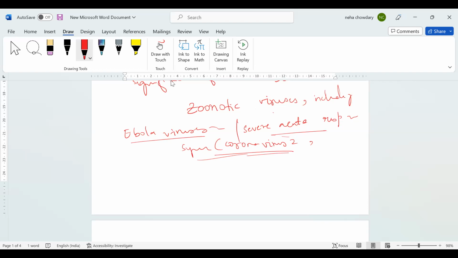And whenever a new virus comes in, they go into a cycle of comparing all of these viruses and checking if they have a match that is similar to the new virus that has come up.